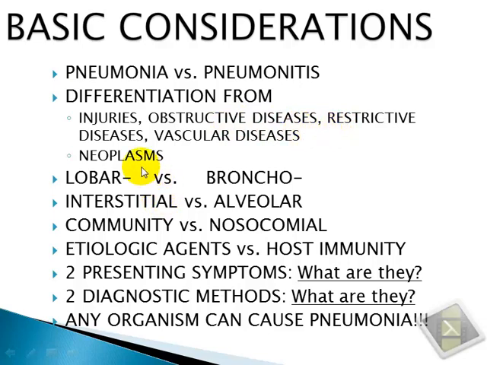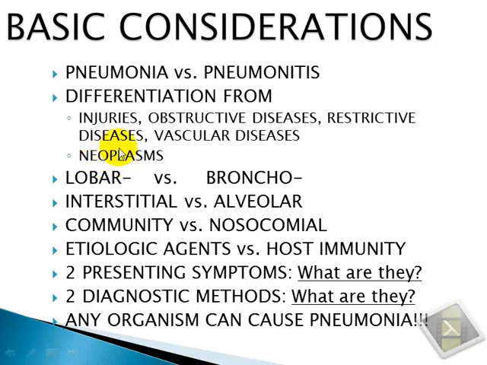Now, the second thing we have to discuss under this category is neoplasms, the lung tumors. There is a big list of neoplasms of the lung. We have always heard that inflammations can lead to neoplasms, and this may happen here as well.